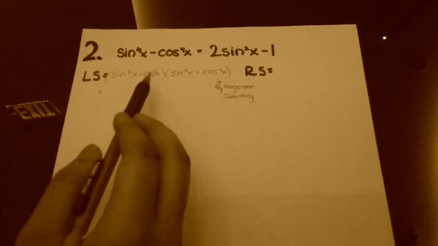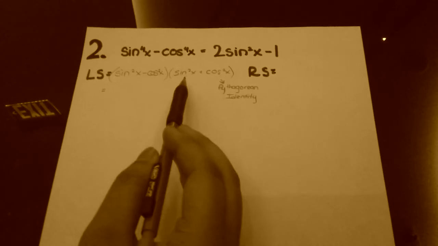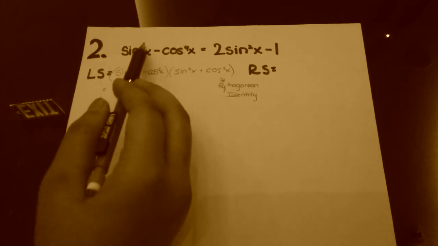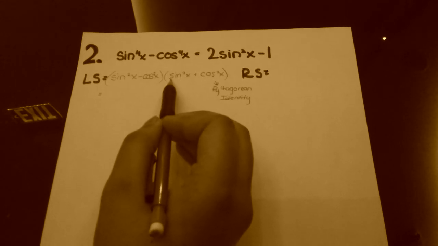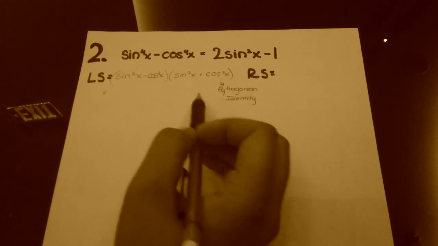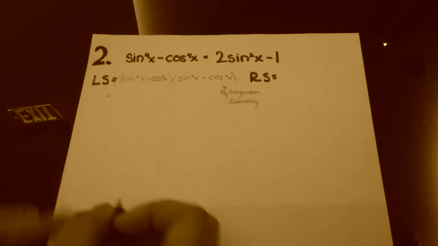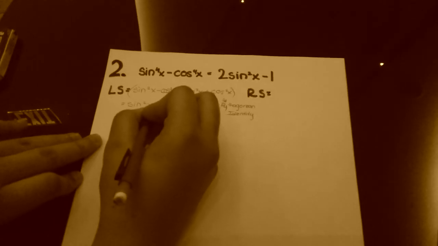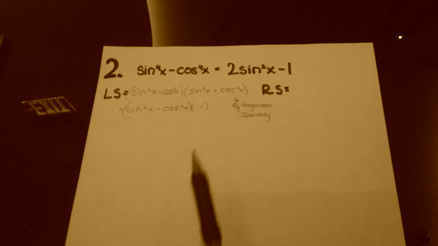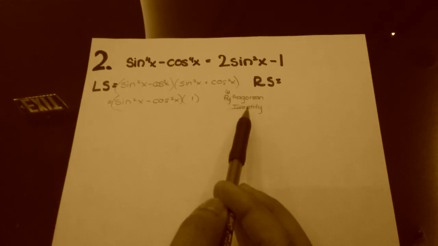Over here, I basically just simplified these two out because this is also known as the difference of squares. Over here, I would like to point out that sine squared x plus cos squared x is a Pythagorean identity. So this would just be sine squared x minus cos squared x times 1, because sine squared x plus cos squared x equals 1, following the Pythagorean identity.